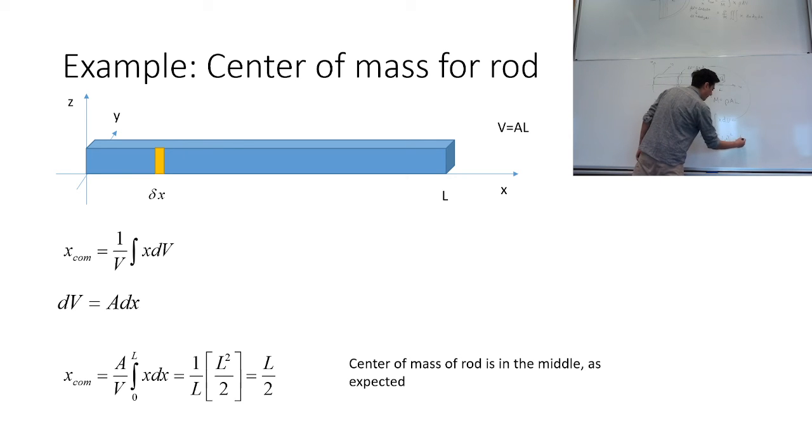So we're going to get 1 over L, and then if you put in these limits, it's half L squared, and that's going to be L over 2. And that's exactly what you'd expect, because if you've got a uniform rod, you expect the center of mass to be right in the middle. Yeah. Wait, delta V and dV are the same thing?